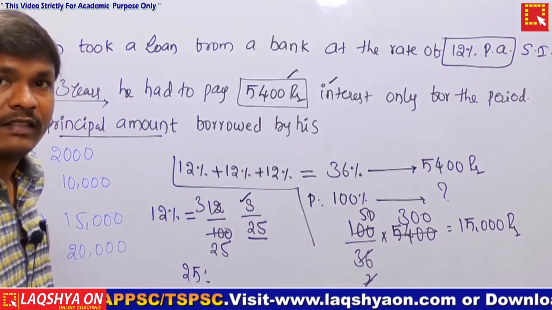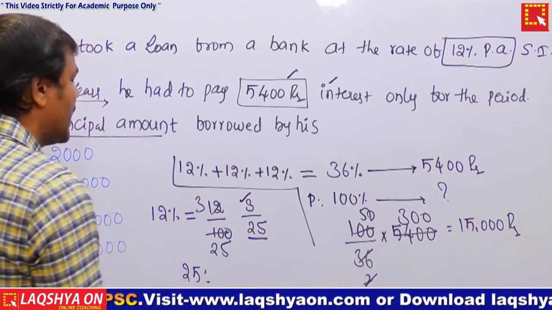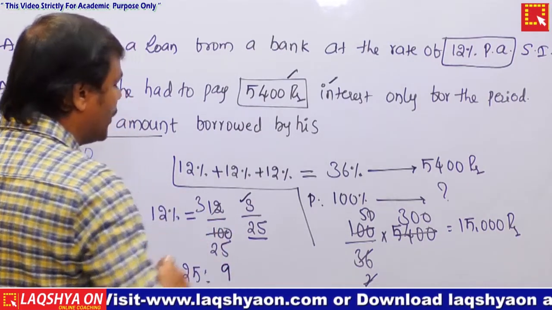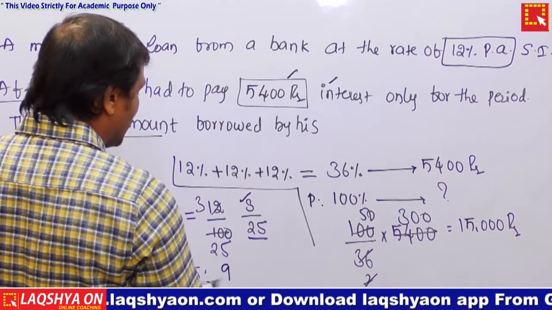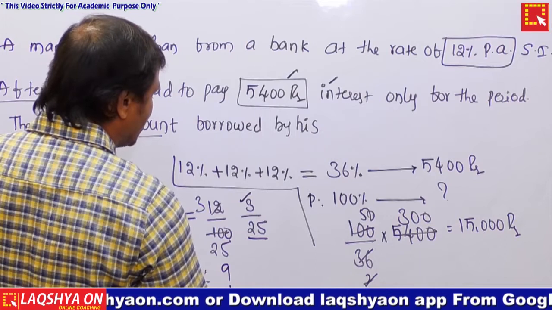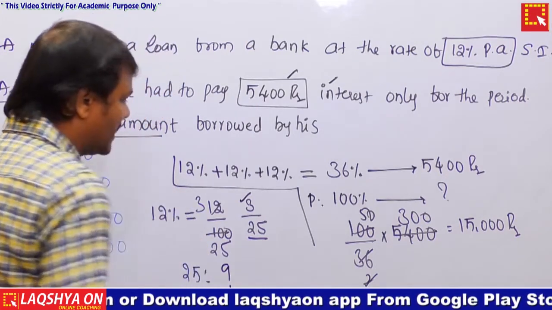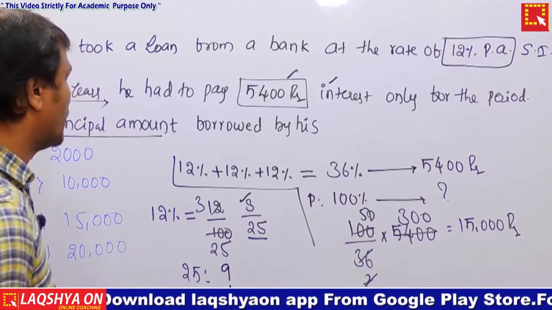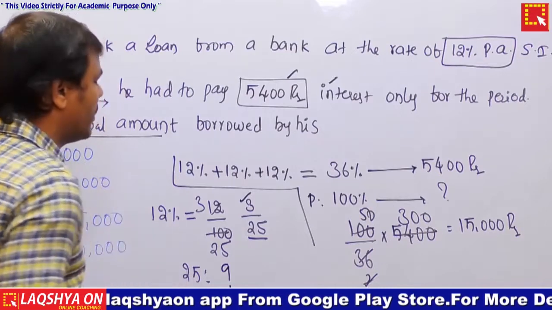For 3 years, you have to pay 3 plus 3 plus 3, 9 units of interest. So the ratio of principal to interest is 25:9, and the interest is 5,400.